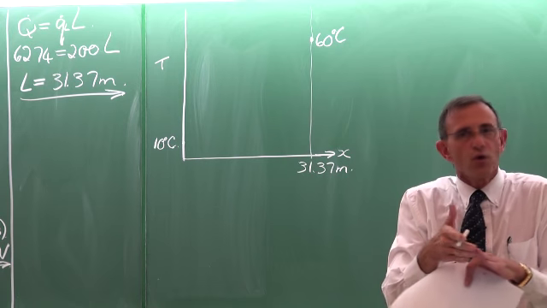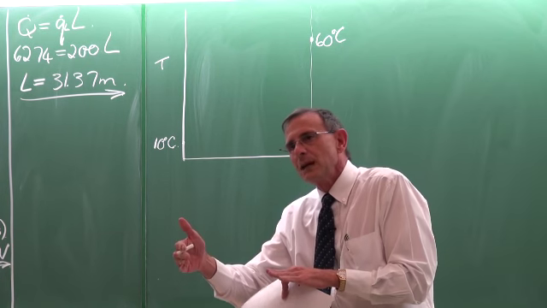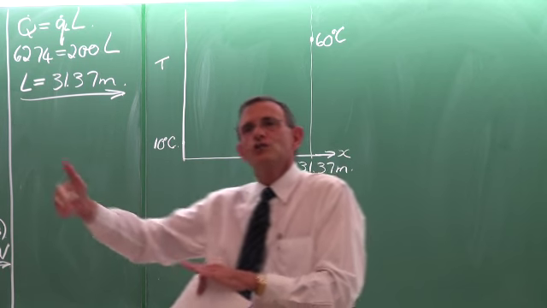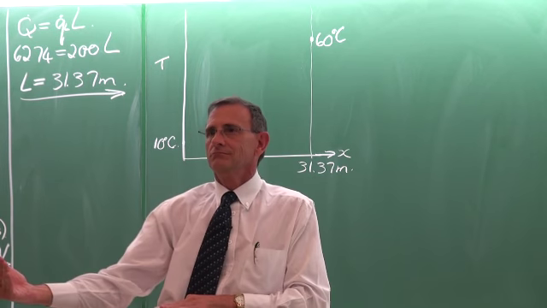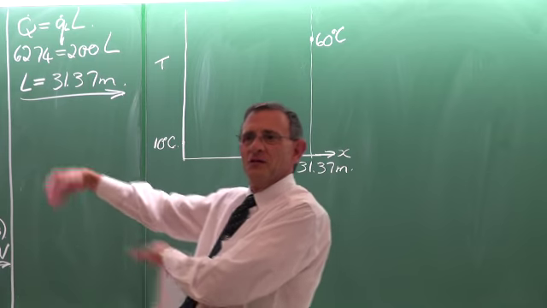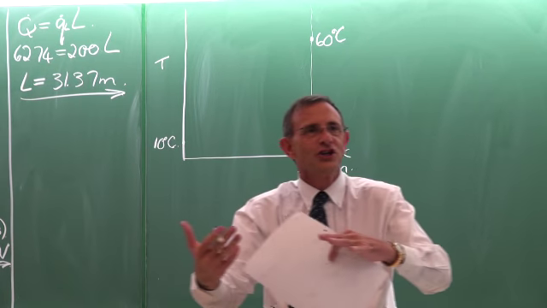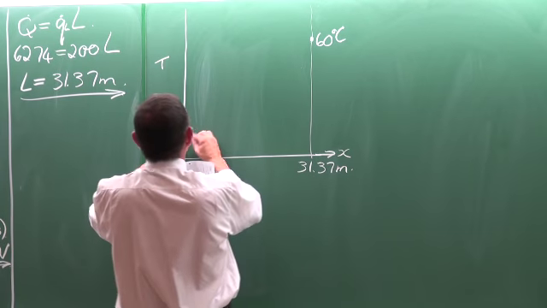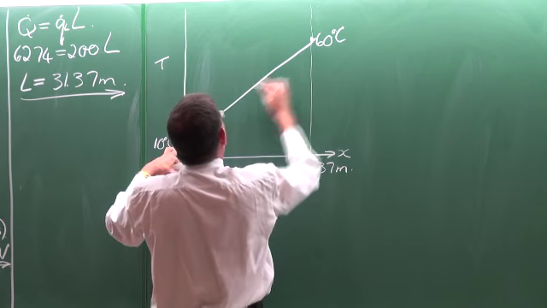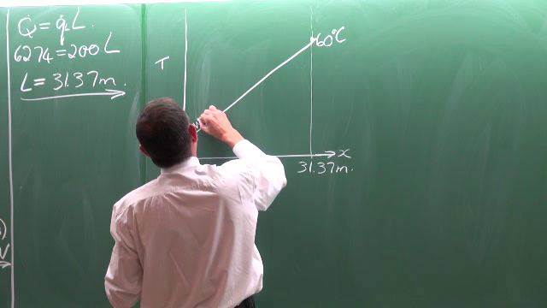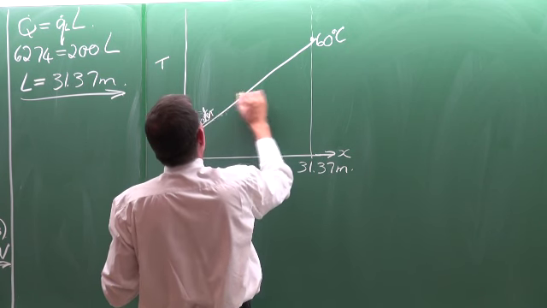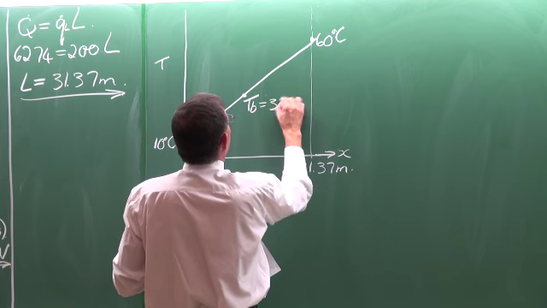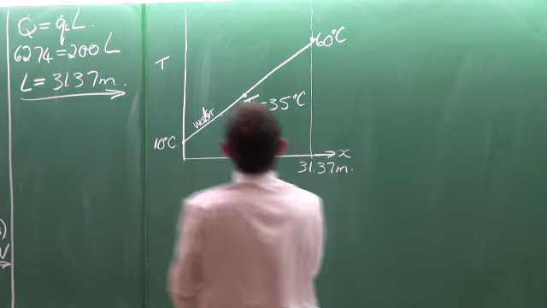And in this problem, for every meter, we put in 200 watts. So the temperature rise would obviously be linear. Okay, we can derive it. We've done it previously, but it is so logical, we're not even going to do it, isn't it? Okay, so from 10 to 60, the water temperature is going to do that. And that temperature there is the bulk temperature, which is 35 degrees Celsius.